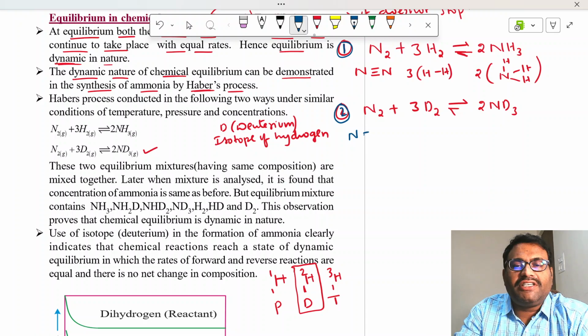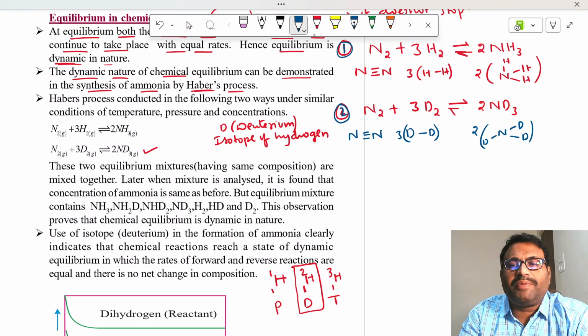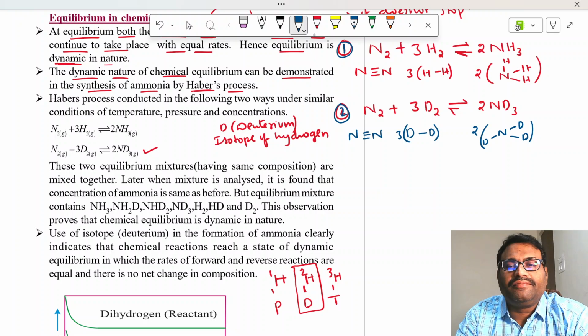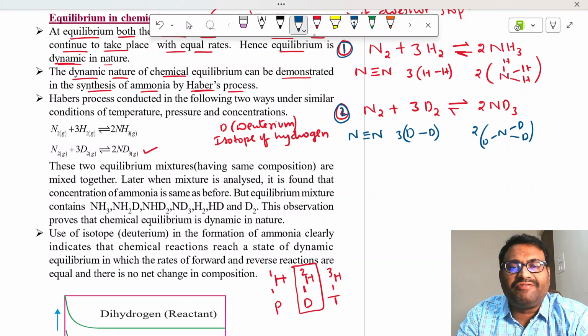So N triple bond N, D single bond D, 2 ND3 are present in the container. The first reaction is in equilibrium and the second reaction is also in equilibrium.